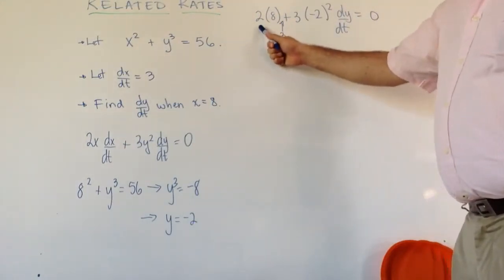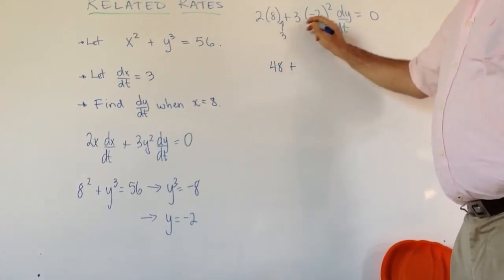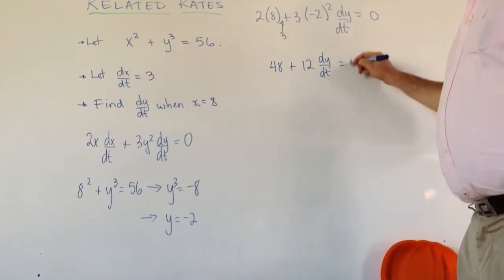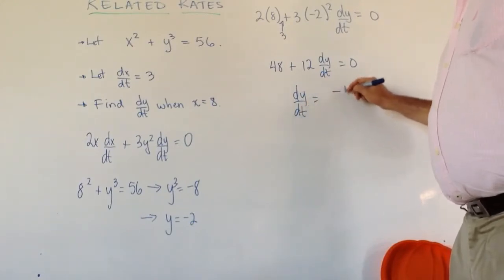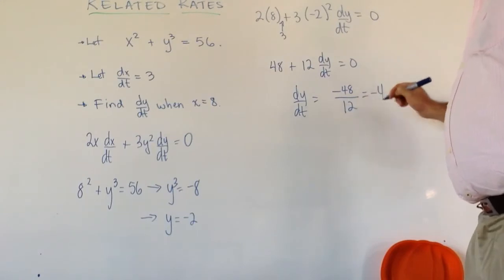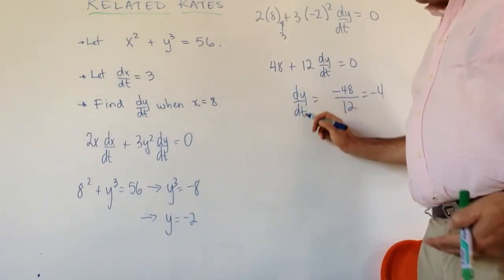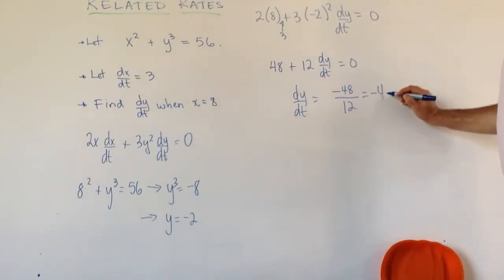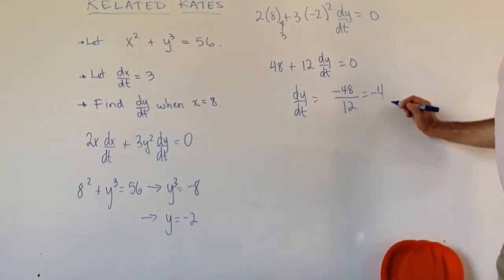So multiplying that, this is 2 times 8 times 3, that's 48, plus 3 times 4, 12 dy/dt is 0, so dy/dt is negative 48 divided by 12, which is negative 4. So the rate of change of y with respect to time when x is 8 is negative 4 units of y over units of time.